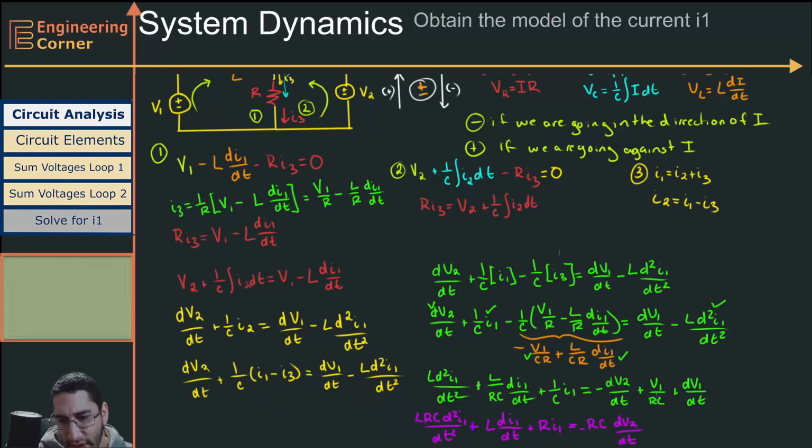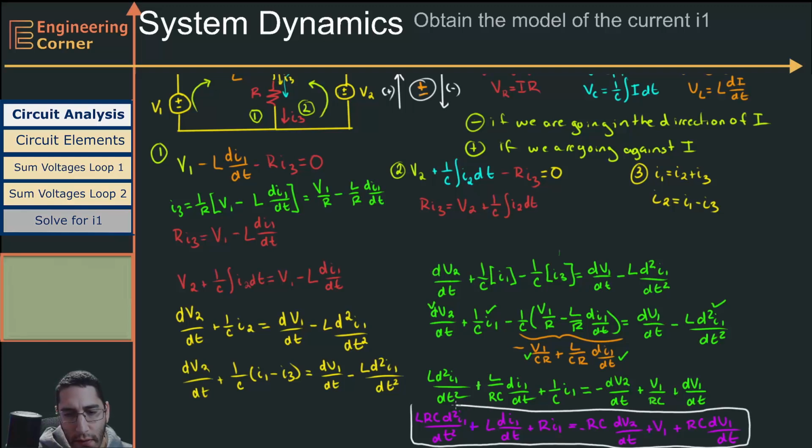We're going to have this RC cancel, so plus v1, and then plus RC dv1 over dt. And I think that's all on the screen. So this right here becomes your answer. This is the model for our current I1, given this system that's now cut off.